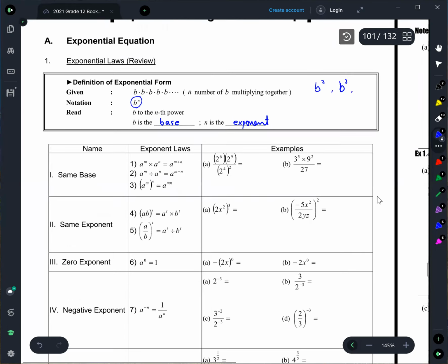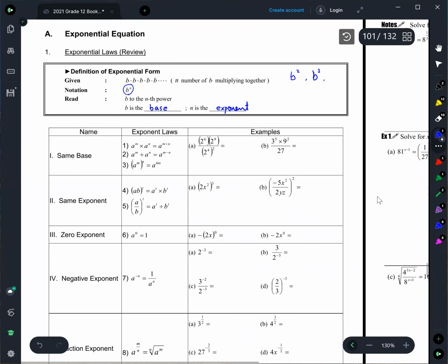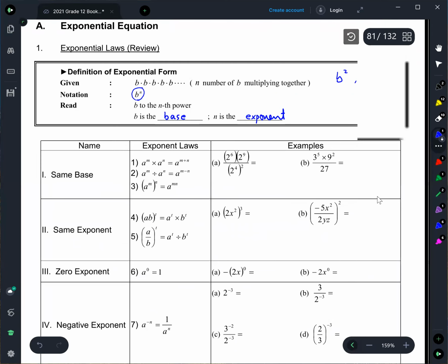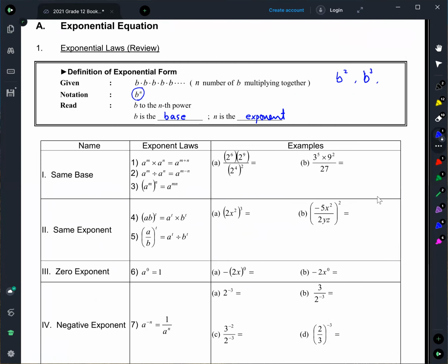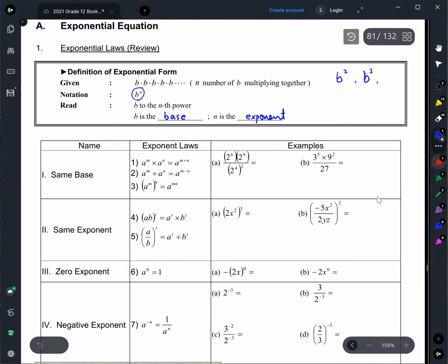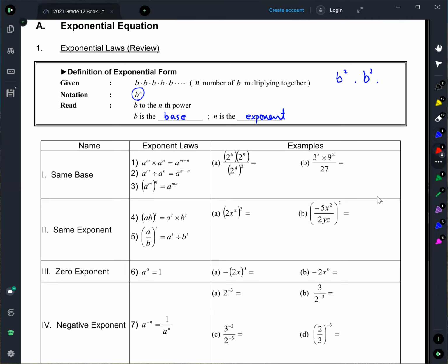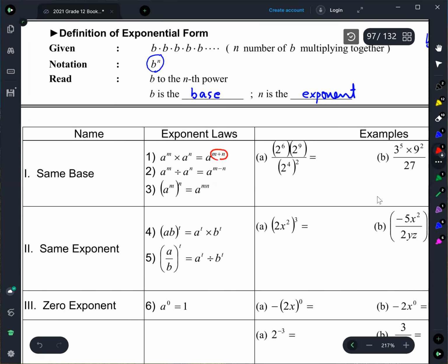And then we have a couple rules that we can go over quickly, which you've learned before. We start with the same base, okay? If you are multiplying 2 exponential expressions together and they both have the same base, you need to add the exponents. Okay, you can see n plus n. If you are dividing, then you need to subtract the exponents to simplify. So you combine 2 bases together. And if you have a to the n, then you can multiply, okay?